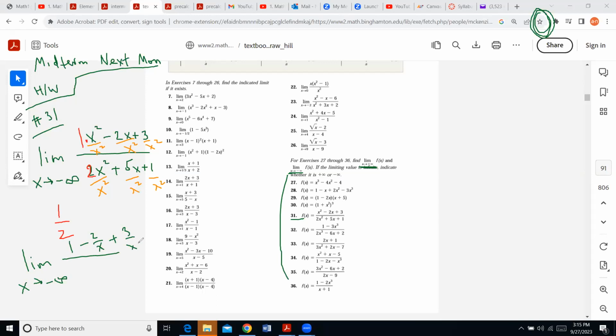These little pieces, 2 over x and 3 over x squared, are going to disappear. That's the main reason why we divide by x squared, by the same exact power, the largest power in both numerator and denominator. So all of these are going to go to 0 because x goes to infinity. Same with that one and same with that one.